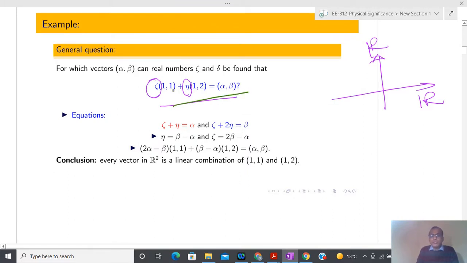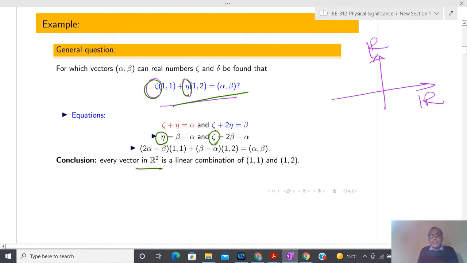I am going to solve this equation, and if you solve it, it is possible to show that there exist an eta and a zeta like this, such that I can generate any vector (alpha, beta).